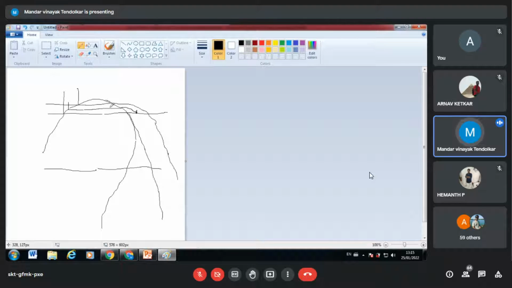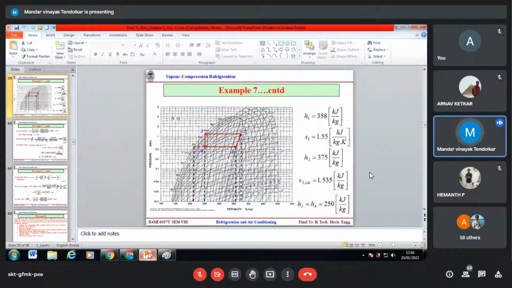You draw that line, you read it over here, liquid side, and then see how much fraction it is. So let's say this is 40, this is 60. Let it come at whatever, let's say 1/3. So 1/3 of 20 degrees, 7 degrees, let's say. So 40 plus 7, it will give you 47 degrees Celsius. Are you getting it? Yes, sir, got it. Fine. So this is how you got the temperature.